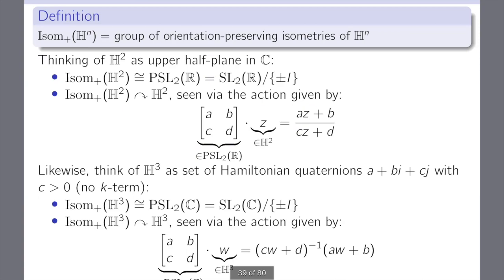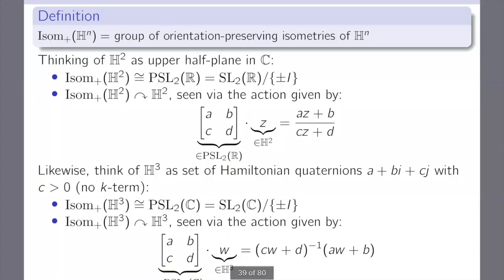We talked about how important it is to understand the isometries of hyperbolic space, because the action of them on hyperbolic space forms the quotient that gives us our manifolds.